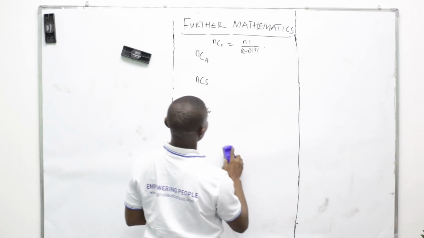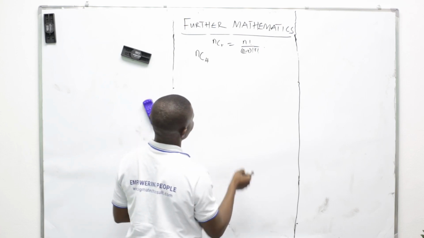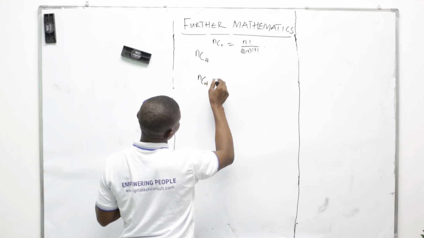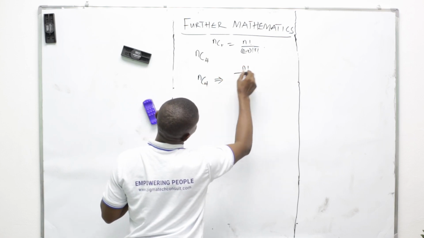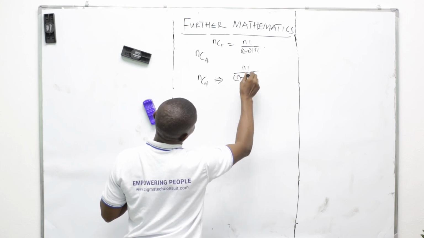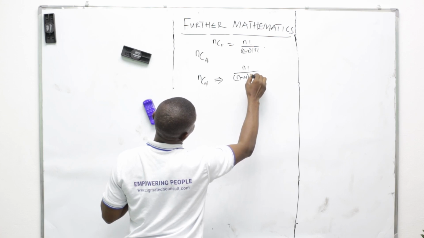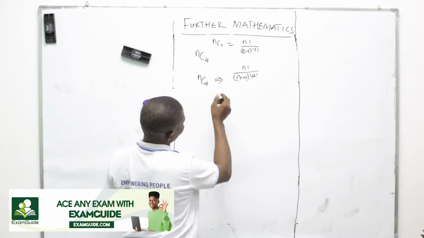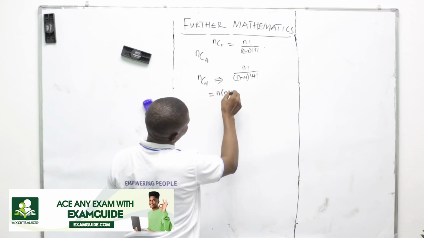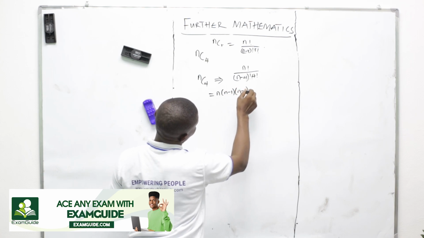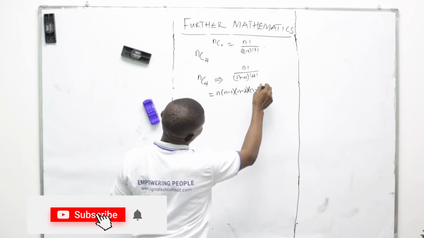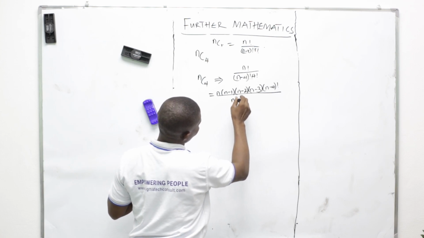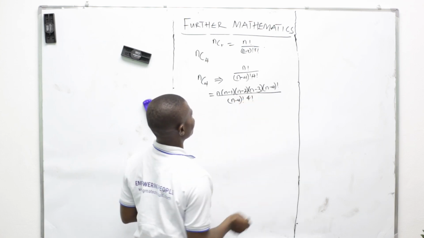So n combination 4 implies n factorial all over n minus 4 factorial into 4 factorial, which will give us n into n minus 1, n minus 2, n minus 3, and n minus 4 factorial all over n minus 4 factorial into 4 factorial.